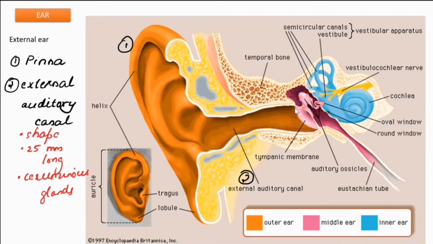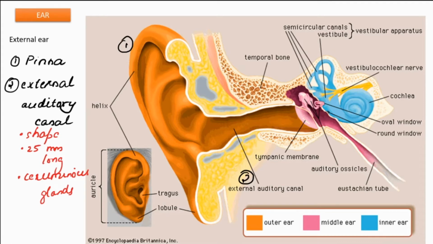This is the tympanic membrane. What is its length? It's about 25 millimeter. And inside this external auditory canal are present numerous ceruminous glands.